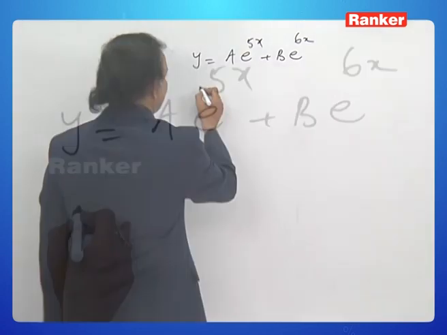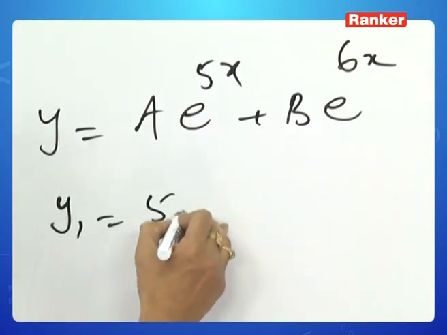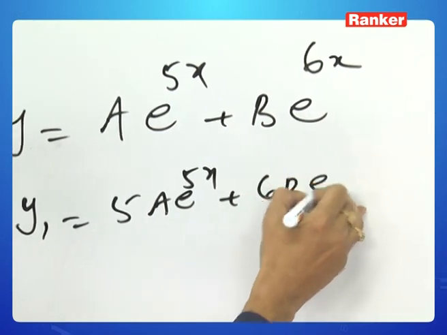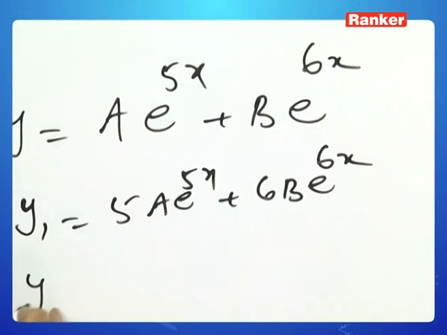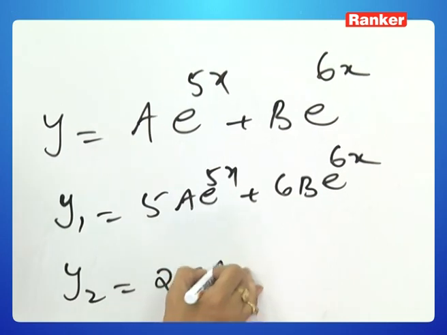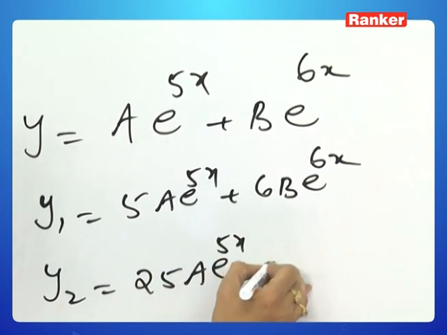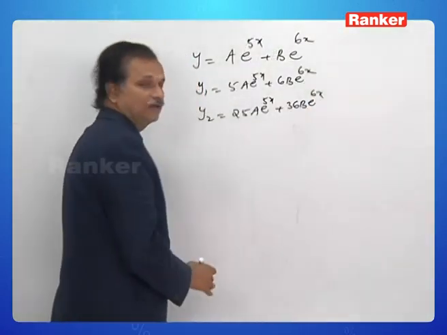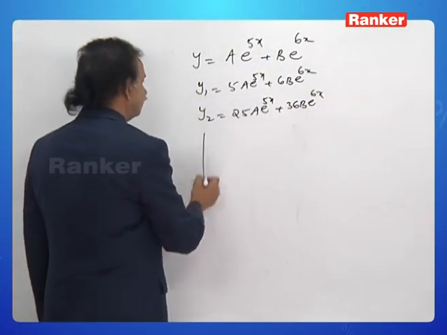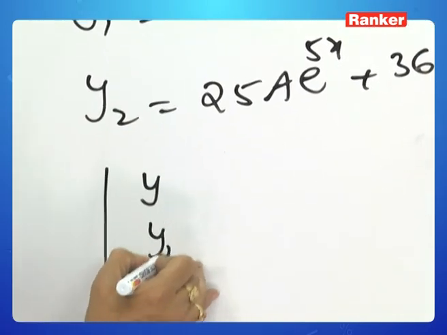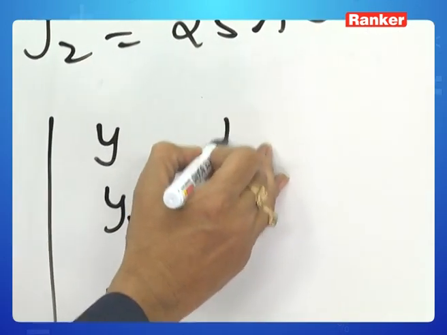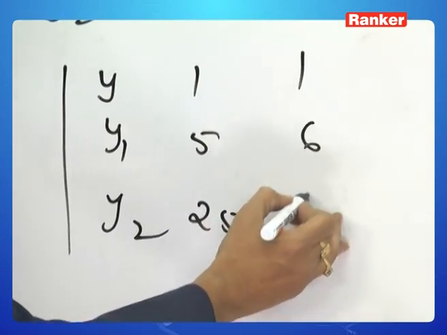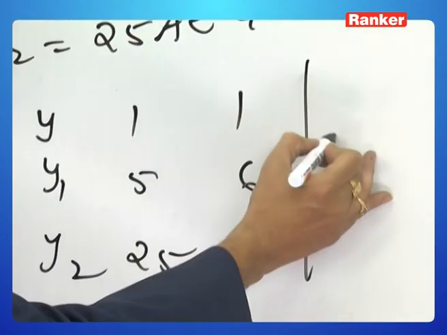Look here. What is y1? 5a e power 5x, 6b e power 6x. What is y2? 25a e power 5x, 36b e power 6x. Eliminate the required constants: the determinant with rows y, y1, y2; 1, 5, 25; 1, 6, 36 is equal to 0.